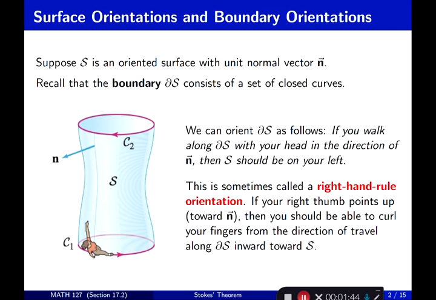The other way to orient the boundary is using the right-hand rule. You put your thumb in the direction of the normal vector, and you move your hand toward the direction on the boundary, then your other fingers should be pointing to the surface itself.